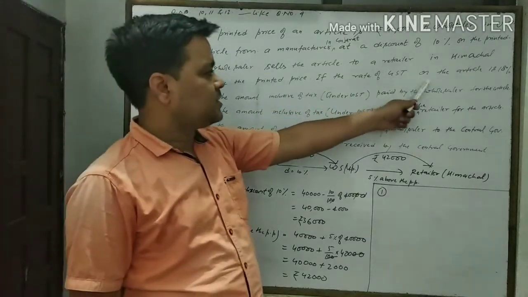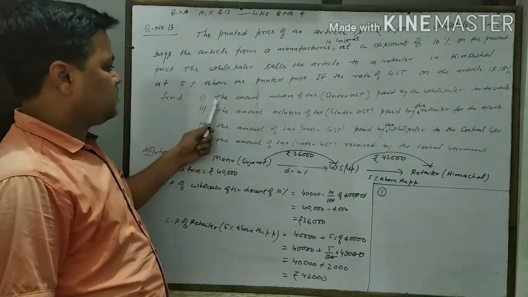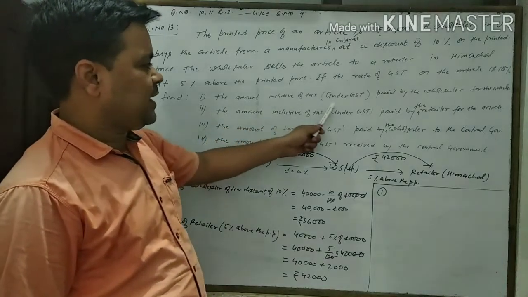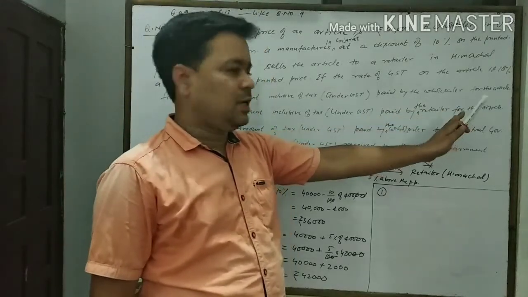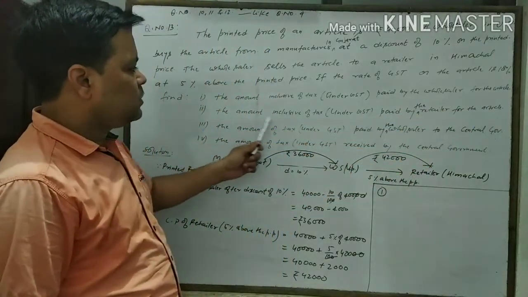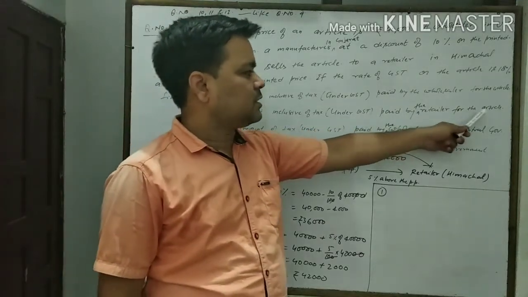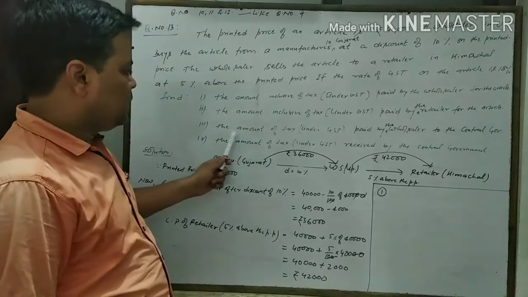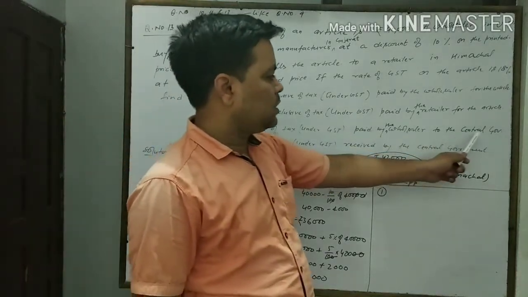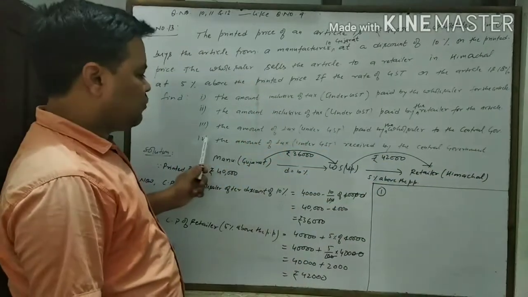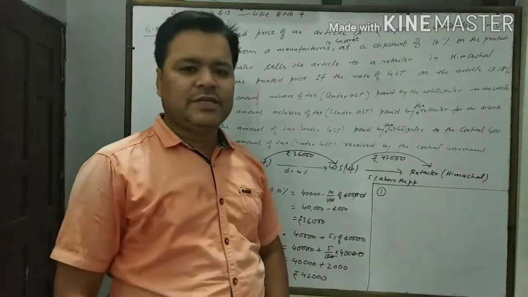If the rate of GST on the article is 18%, then find: first, the amount inclusive of tax under GST paid by the wholesaler for the article. Second, the amount inclusive of tax under GST paid by the retailer for the article. Third, the amount of tax under GST paid by the wholesaler to the central government. And fourth, the amount of tax under GST received by the central government.